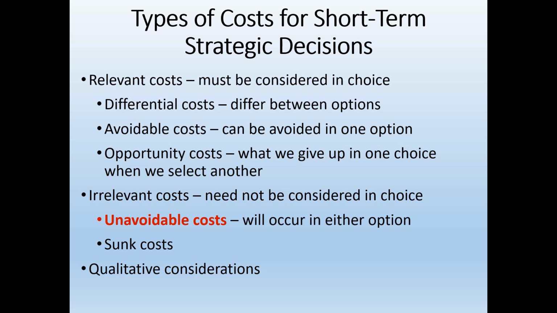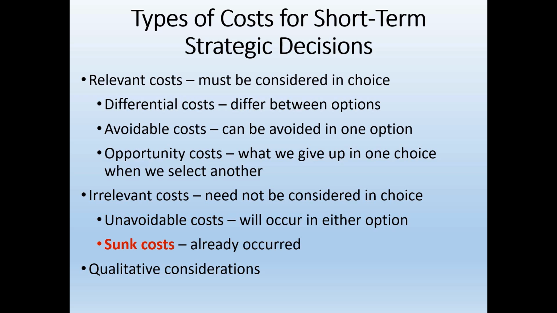For example, unavoidable costs are costs that are going to occur no matter which choice you make. So, since that cost will be there no matter what, it shouldn't affect your decision. Another example is sunk costs, that is, costs that have already occurred. Since they already occurred, that means that nothing that you do in the present is going to affect them because they already happened.